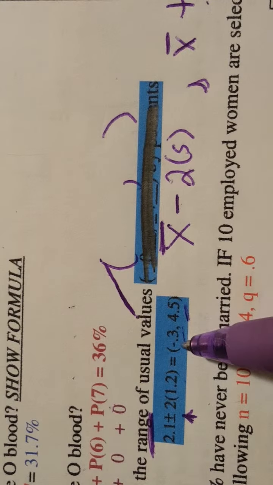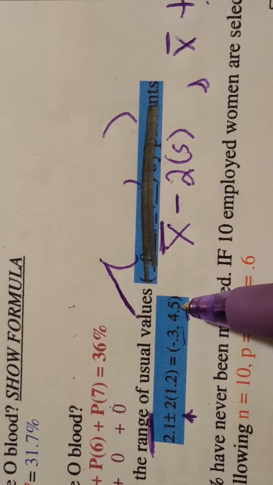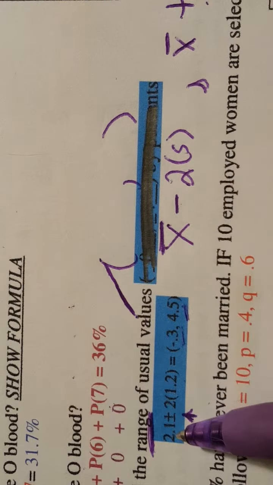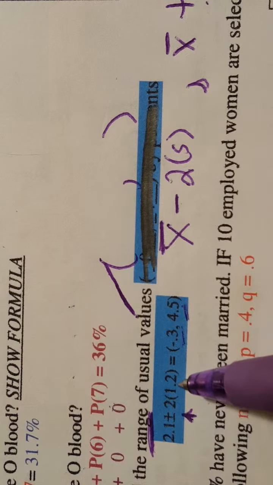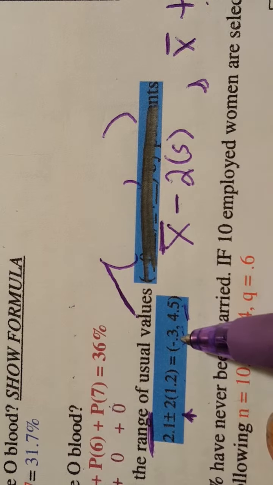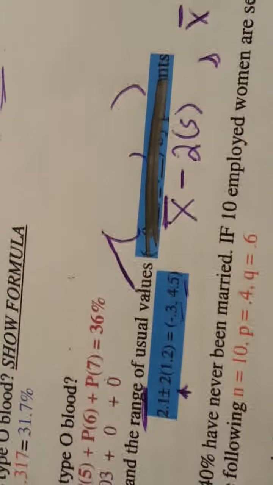So the mean, 2.1, plus 2 times 1.2 is 4.5. And 2.1 minus 2 times 1.2 is negative 0.3. And so that would be the range of usual values.